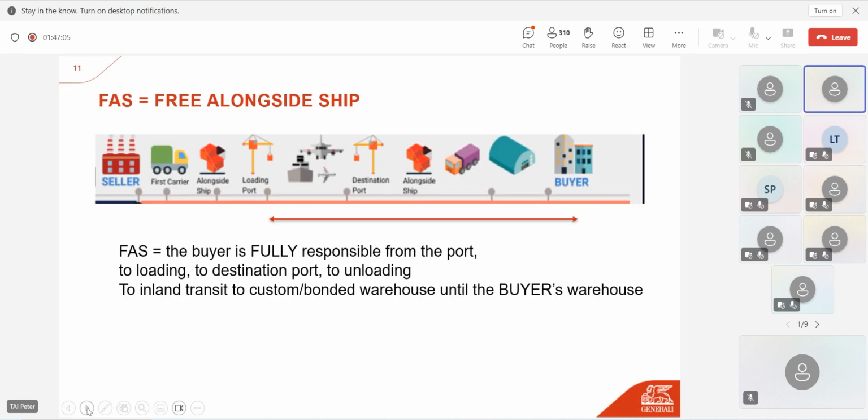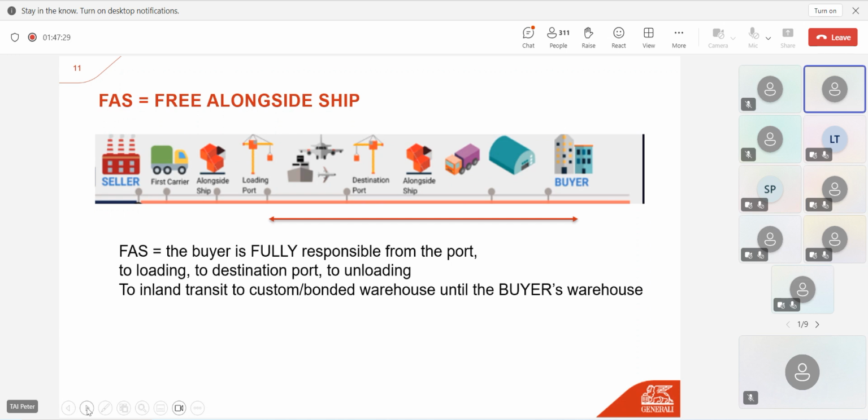Free alongside ship. Okay, so now free alongside ship is the one where the buyer is fully responsible from the port of loading, the destination port, to unloading, to inland transit. Meaning the moment it's alongside ship, not yet loaded, it's alongside ship. That's the responsibility of the seller, whereas you as a buyer, you're responsible.